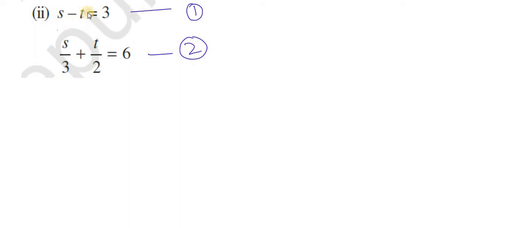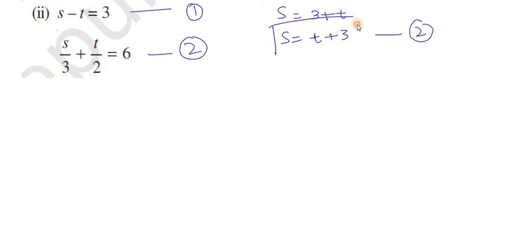You should see which equation is easy to isolate. I think I'll go for the first. So s is equal to 3, and minus t is there. When it comes to this side, it becomes plus t. Therefore s is equal to t plus 3. Call this equation 3.